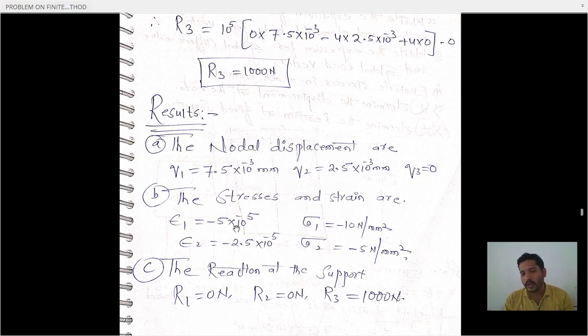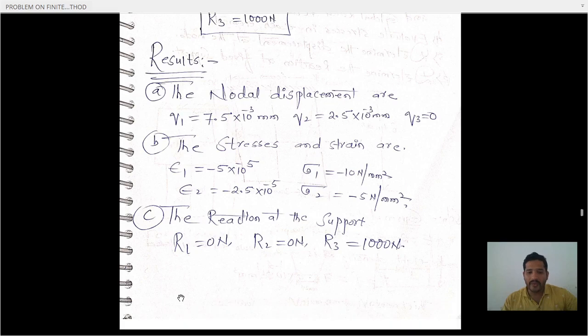Minus 5 into 10 power of minus 5, and stress for the first element is minus 10 Newton per mm square, and strain for the second element is minus 2.5 into 10 power of minus 5. Stress for the second element is minus 5 Newton per mm square, and the reactions at the support R1 is 0, R2 is 0, R3 is 1000 Newton. So that is the conclusion of your problem.